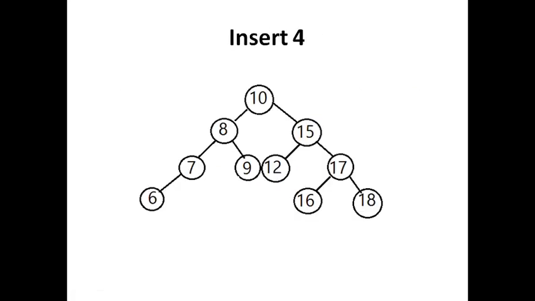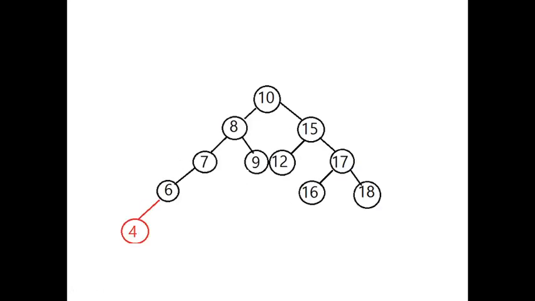Now we have an actual example. Let us assume that we are asked to insert 4 into this binary search tree as per the logical order. As per the logical ordering of 4, 4 should be inserted as the left subtree of 6. That is the correct place for 4. So it's inserted here.